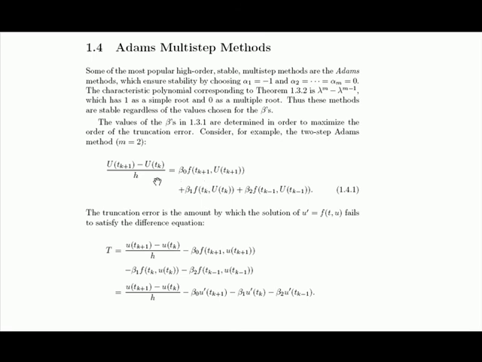Now the Adams methods are automatically stable because the characteristic polynomial is just lambda minus 1 equals 0, which has a root of 1, or lambda to the m minus lambda to the m minus 1, which has several roots of 0 and one root of 1. Anyway, it's guaranteed stable. So with the Adams methods, by the choice of the left-hand side, you don't have to worry about stability. All you have to worry about is consistency.